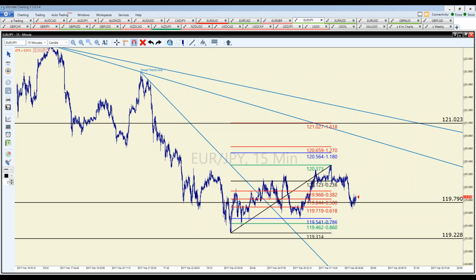That will be the amount of pips below the candlestick formation low from where I will be placing my stop.